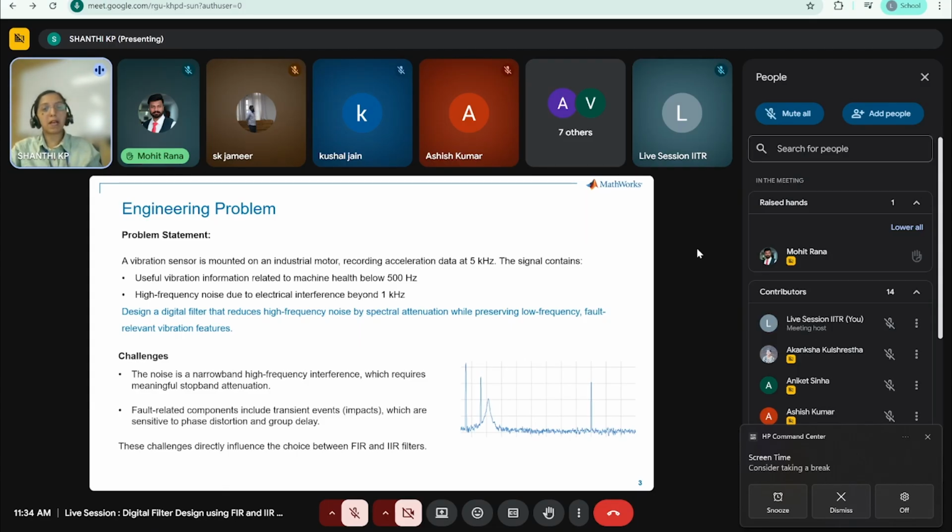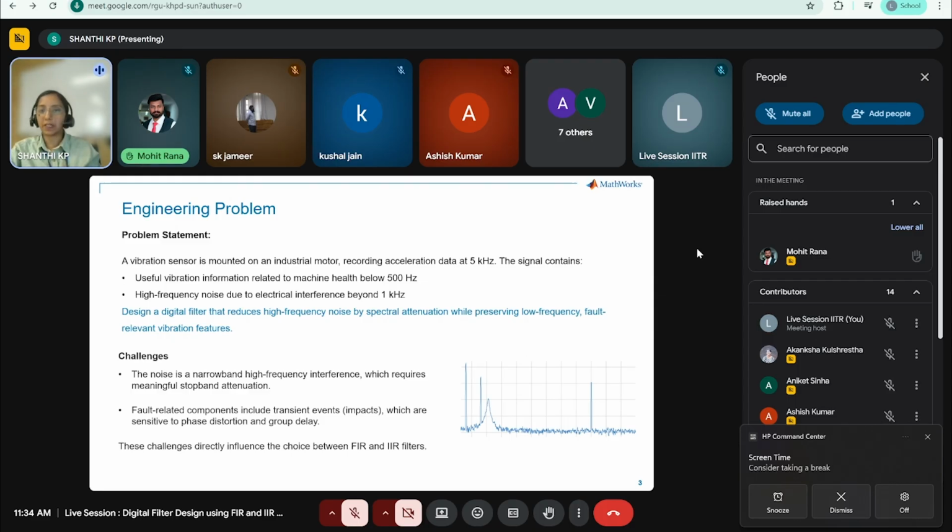But this problem has a few practical complications that drive the filter design choices we can take. In a vibration signal, the noise need not always be just random noise. It can be a narrow band high frequency interference, which requires meaningful selection of stop band attenuation.